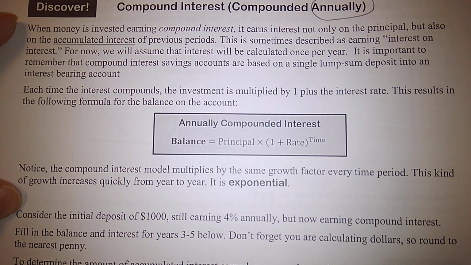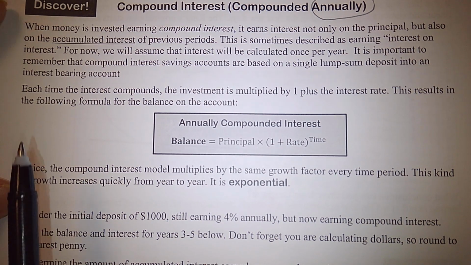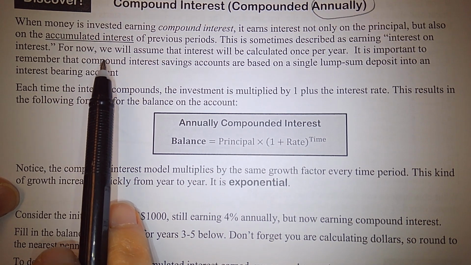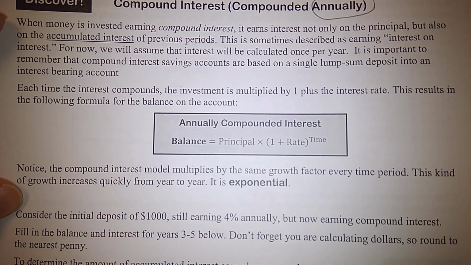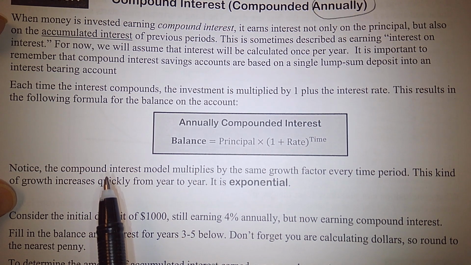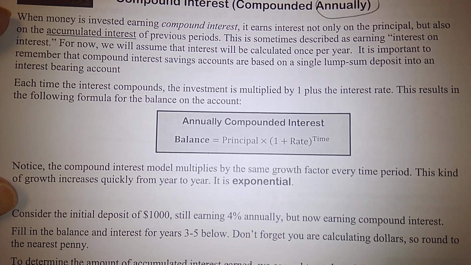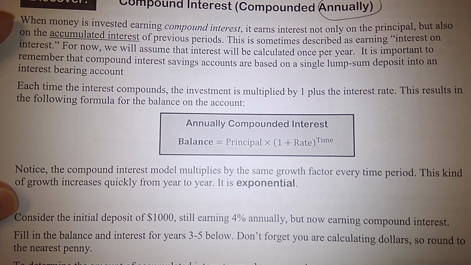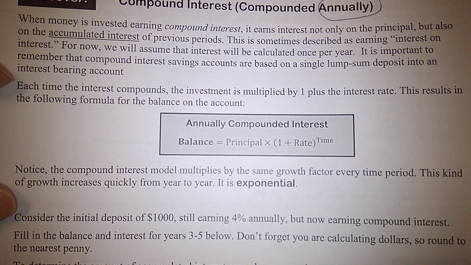When money is invested earning compound interest, it earns interest not only on the principal but also on the accumulated interest of previous periods. This is sometimes described as earning interest on interest. For now, we will assume that interest will be calculated once per year. It is important to remember that compound interest savings accounts are based on a single lump sum deposit into an interest-bearing account.